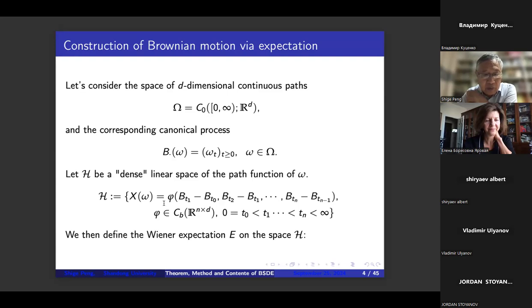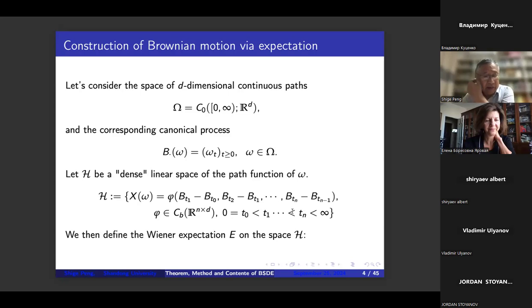If we take all such forms, it constitutes our random variables, where we can arrange t0 strictly smaller than t1 till tn.